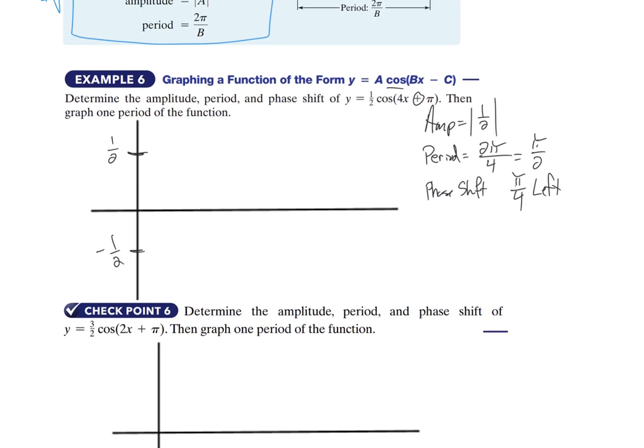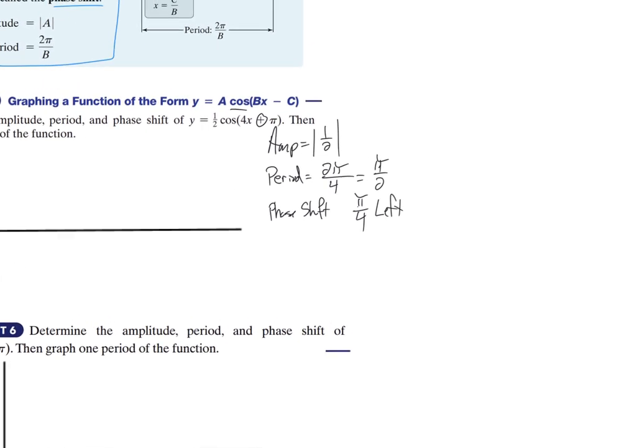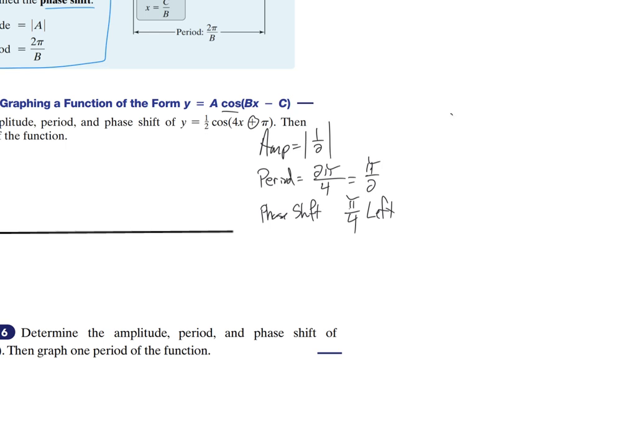Now, with a pi halves period, I'm going to look at the original points that I would normally have, 0, and then I've got 3 points in the middle, then pi halves. So if there's no phase shift, I would be going from 0 to pi halves. So pi fourths would be here, half of that would be pi eighths, and then we triple that to get 3 pi eighths.